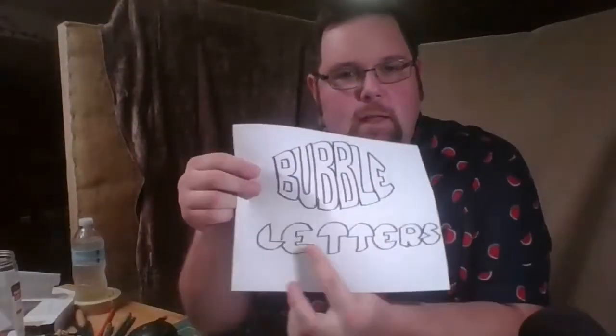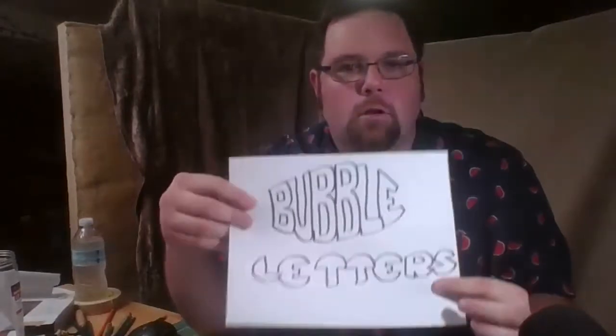So the third way to do this is like I did on this. The word letters was done using circles, and I carved my letters out of each individual circle.